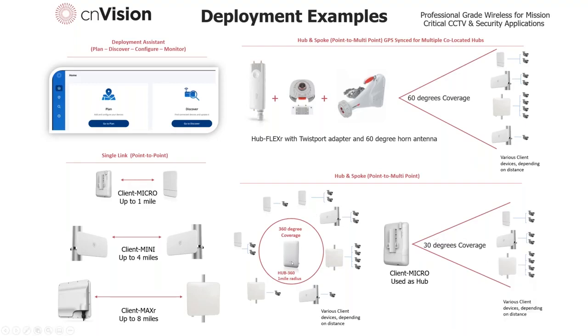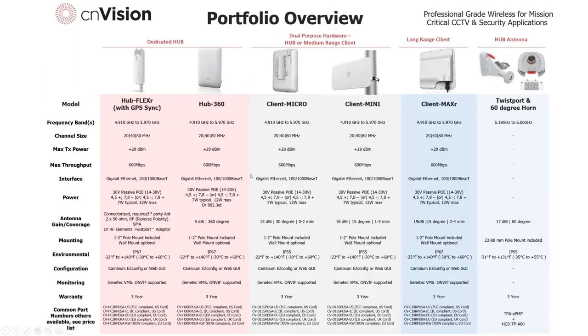There's also a Hub 360, which provides you 360-degree coverage for doing the same job. Coming back to this slide, you have the Hub FlexR and the Hub 360. You have 3 client devices, micro, mini, MaxR, and then any attachment antennas. And there is a company that we work with called RF Elements that makes nice horn antennas that work well. So easy to remember, easy to understand the solution. But this is essentially the hardware profile of cnVision.